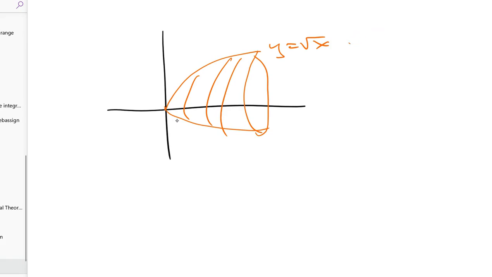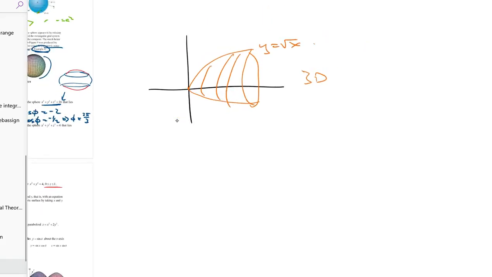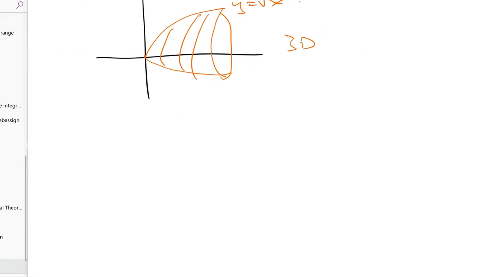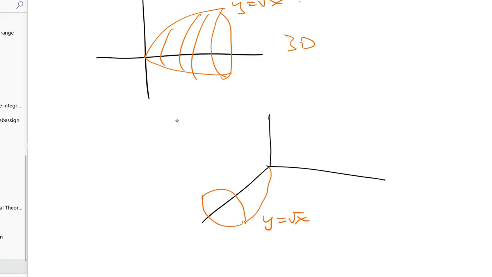Now you found the volume, but you never found an expression for that surface, because that's in 3D, and Cal 1 didn't involve 3D, or you did it in Cal 2, same thing. So now I want to find an expression for that surface. So I'm going to look at the same thing in 3 dimensions. So I have y equals square root of x here, and I'm going to rotate it around the x-axis like that.